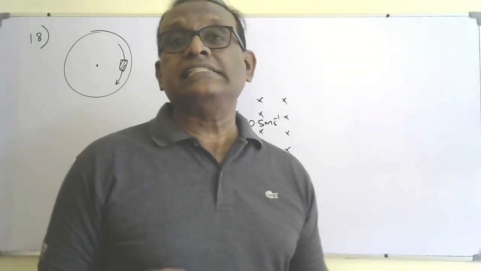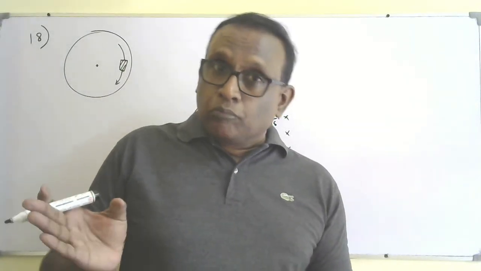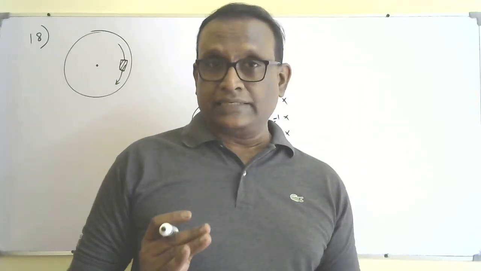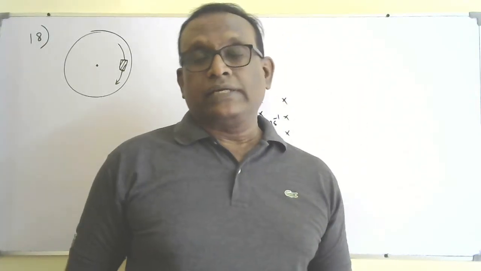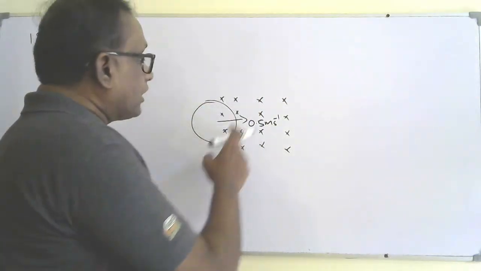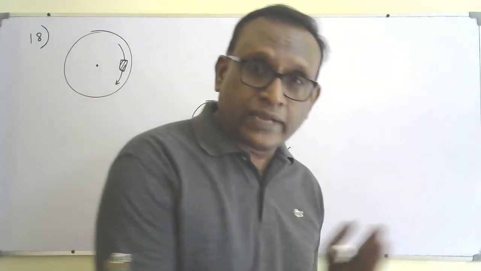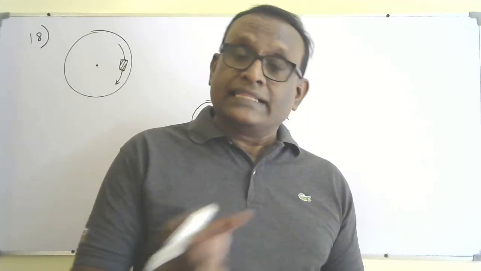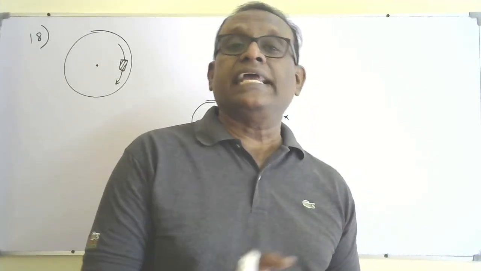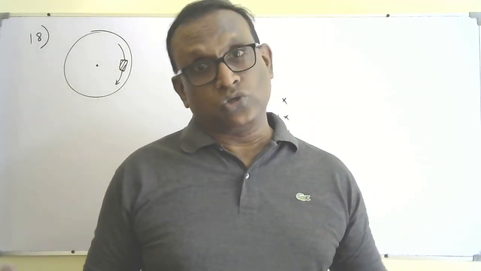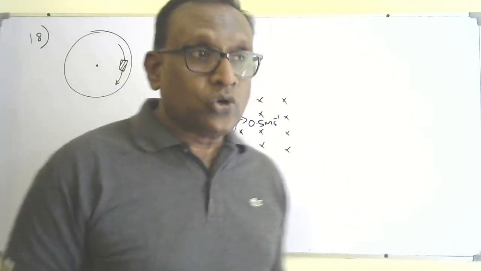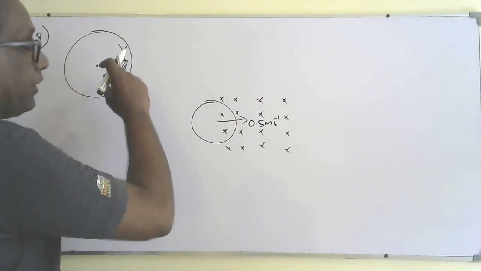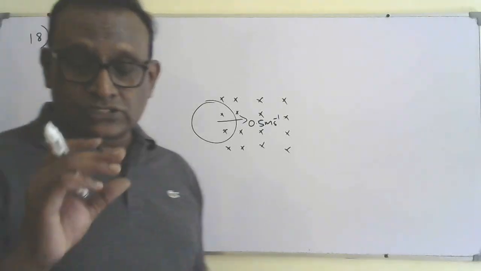There is no change in magnetic flux linkage because both are moving in the same direction. An O-level student might say the coil is not cutting the field lines because both are moving at the same velocity, but we can say that if both are moving in the same direction, there is no change in magnetic flux linkage, so no induced EMF.